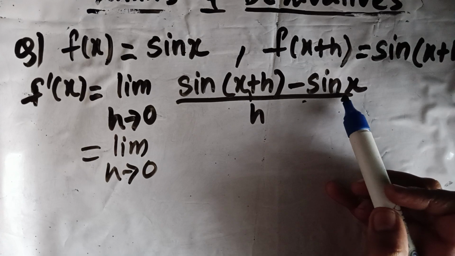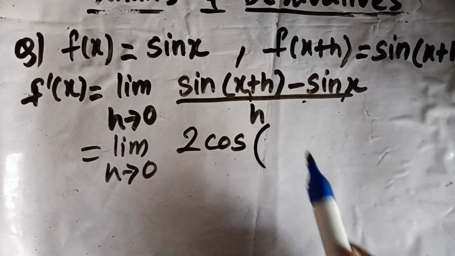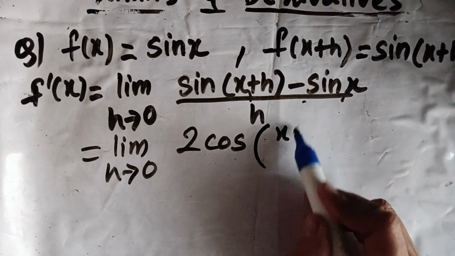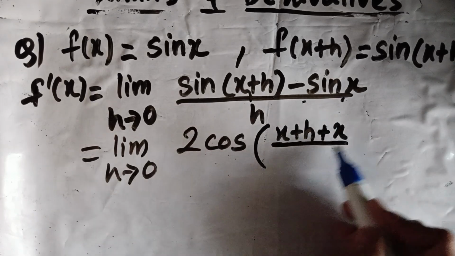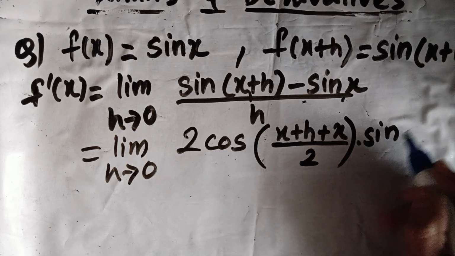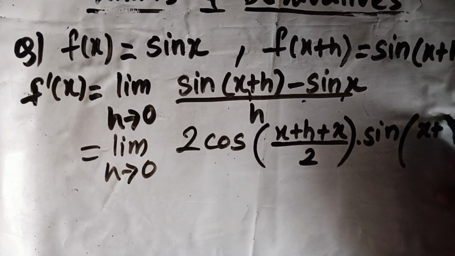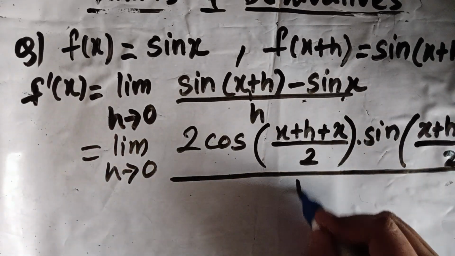So that formula you have to use, from trigonometry. That is 2 cos of a plus b upon 2 into sin of a minus b upon 2 divided by h.